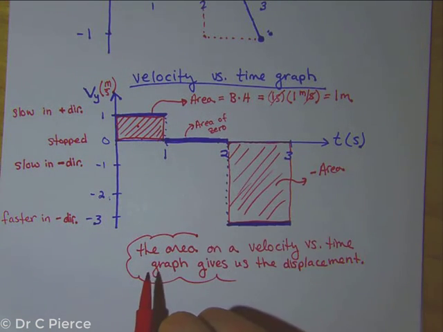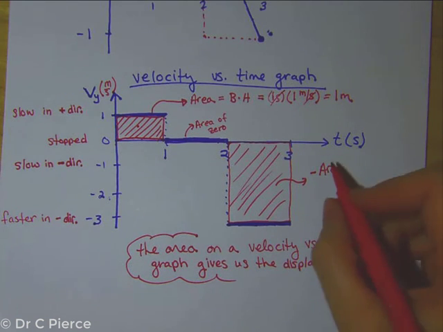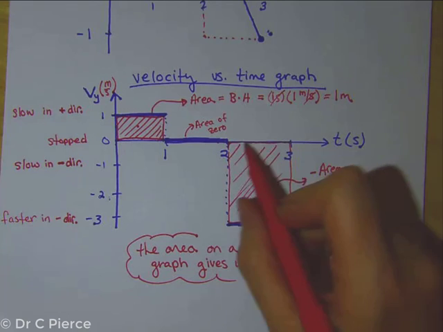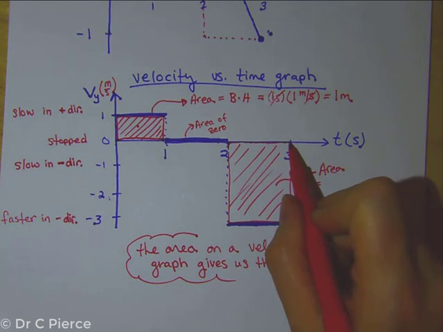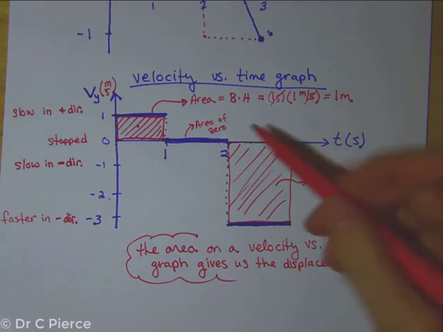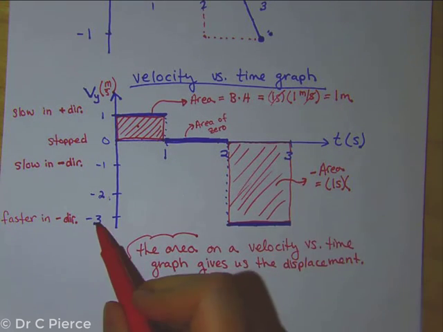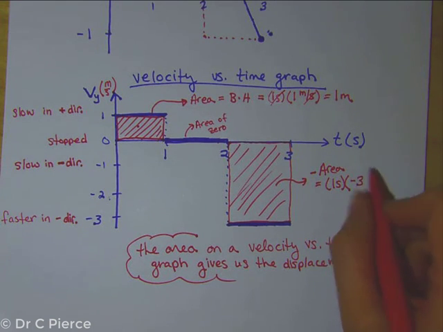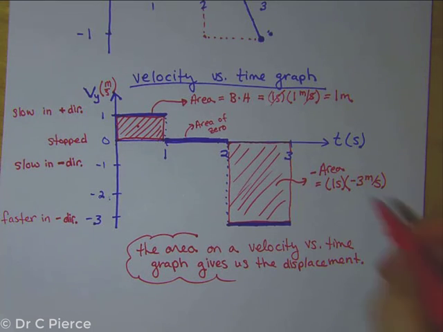Here it didn't change its position at all, displacement of 0. And here for this area, I'll do it this way. Its base was 1 second long. So do 1 second times its height, but its height was below the axis at -3. So we'll say its height was -3 meters per second. And that way it'll give us a negative area.